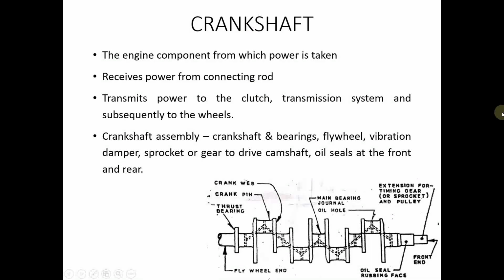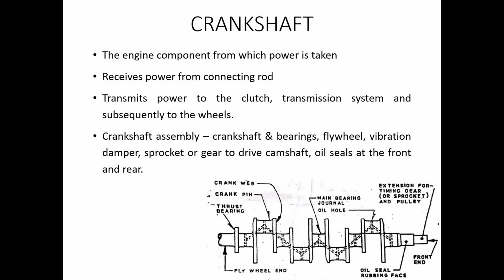Now let us come to the crankshaft, which is a very important component because this is where we actually derive the power, or we take the power from. The power that is produced by the combustion of the fuel is transmitted through the piston to the connecting rod, and finally it is converted to the rotary motion of the crankshaft.